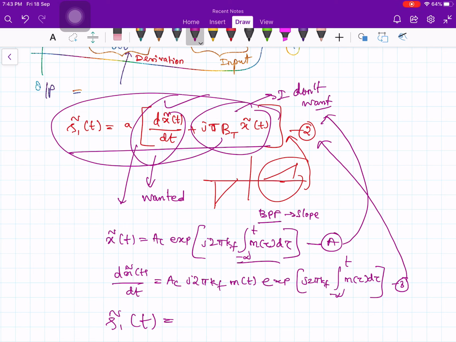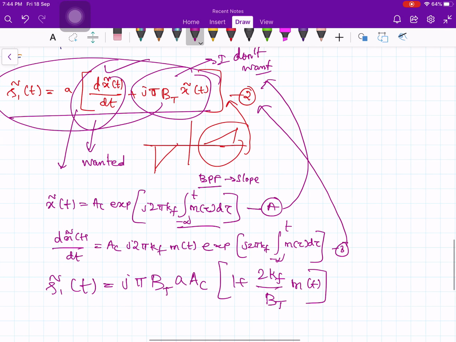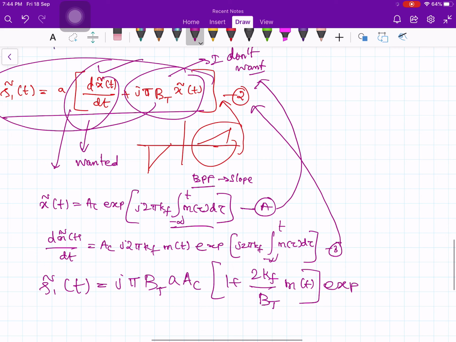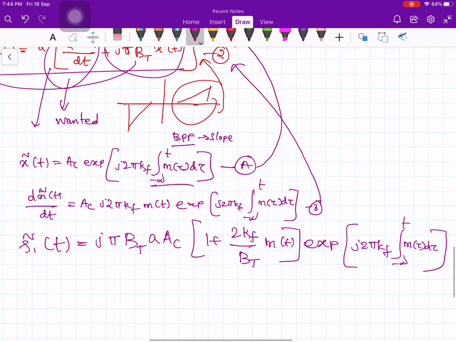The final expression is j times pi times b suffix t times a times AC times 1 plus 2 kf by bt times m of t multiplied by exponent of j times 2 pi kf integral of m of tau d tau. This is what you get finally.